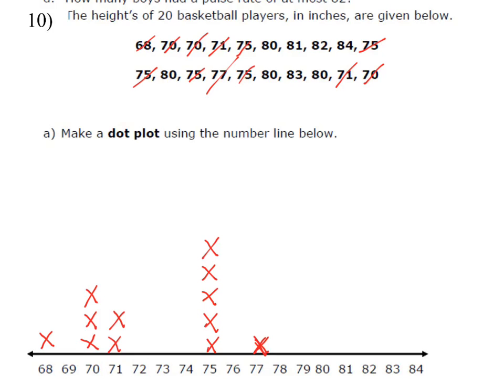And there's no more 70s. It's going to move us over to 80. There's 1, 2, 3, 4 80s. There's 1 81, and there's an 82, an 83 and an 84. So these all have 1. And ta-da, there's your dot plot.